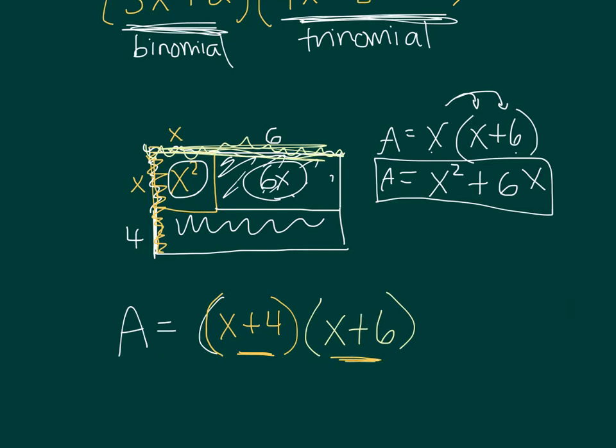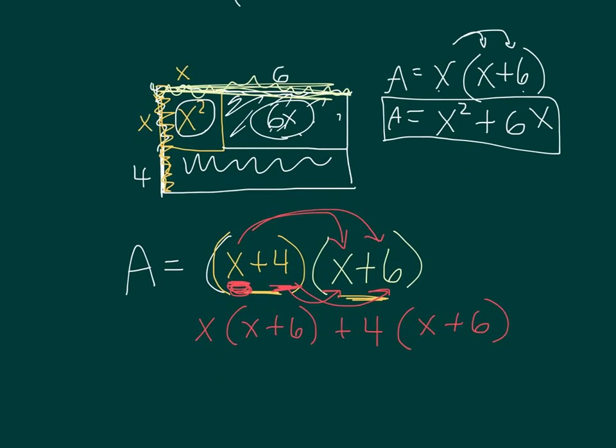And what this really is is a double distributive property where the first term, x, is going to be multiplied to both the x plus 6. And then I'm adding that with the 4, which is also going to be distributed to the x plus 6.